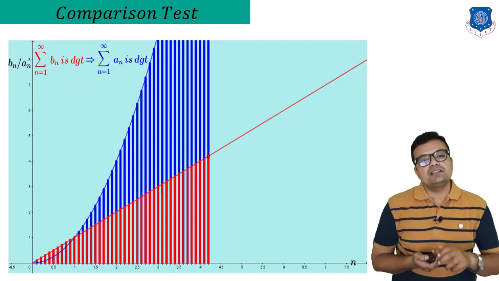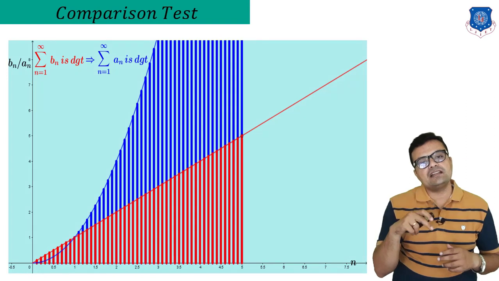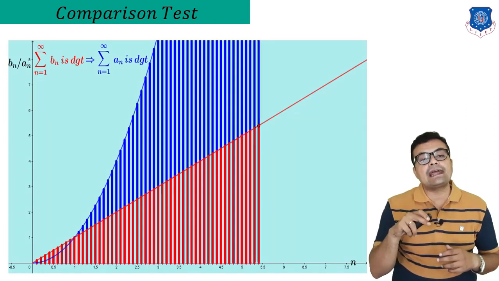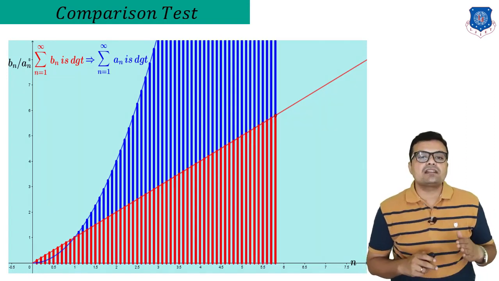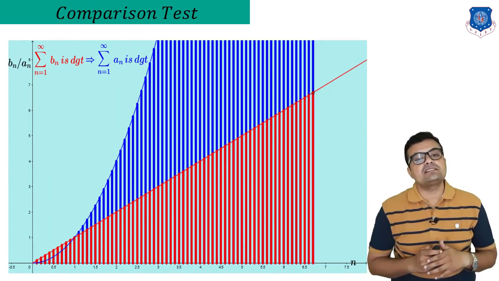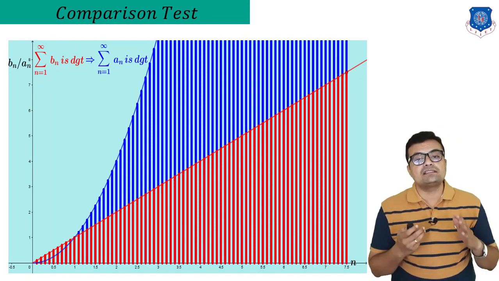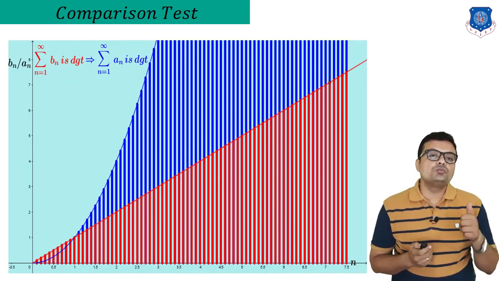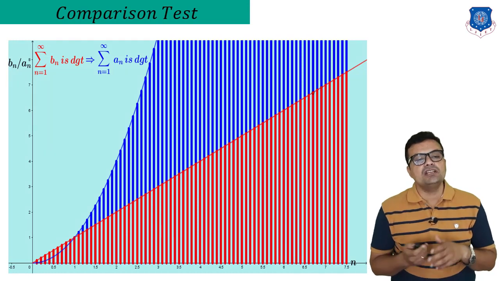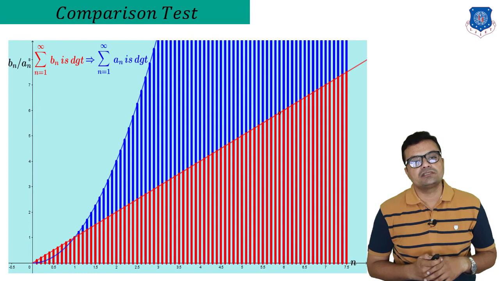So for that reason, I am considering a small series lying inside the given blue series, in red color. You can see the red series is moving towards infinity, and therefore I can say that the blue series is going towards infinity also. And this simply means that to prove that An is divergent, I considered one sub-series Bn which is also divergent.